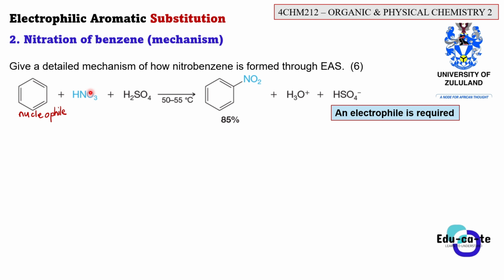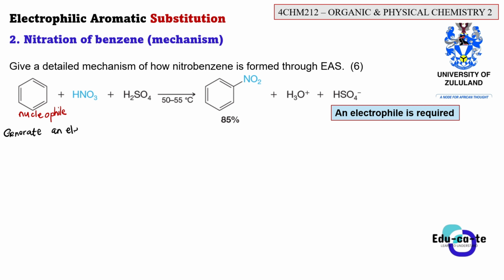This is NO3, so we have 1 nitrogen and 3 oxygens and then an extra hydrogen, but we only want NO2 here. How do we generate a nitro group so that it can react with this nucleophile? So the first step, remember, is to generate an electrophile. So let's do it. Let's generate an electrophile.